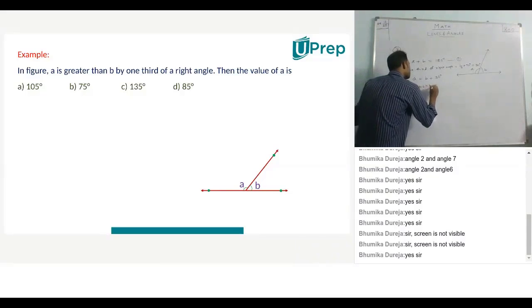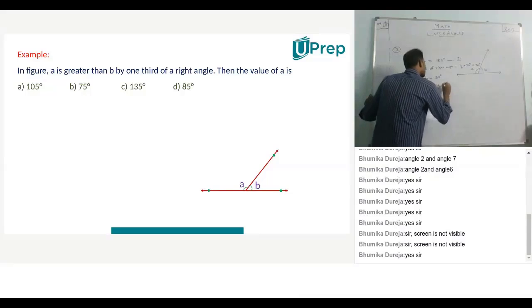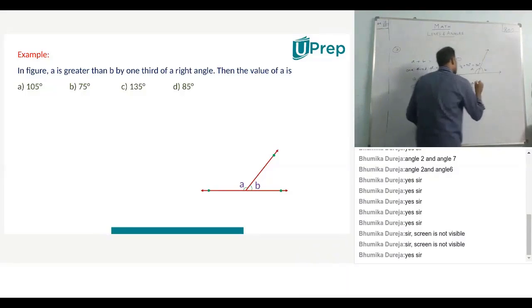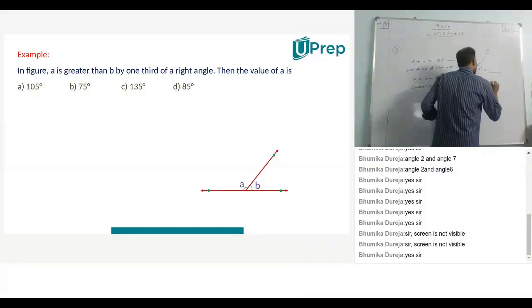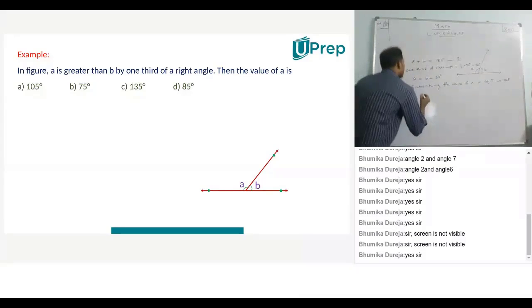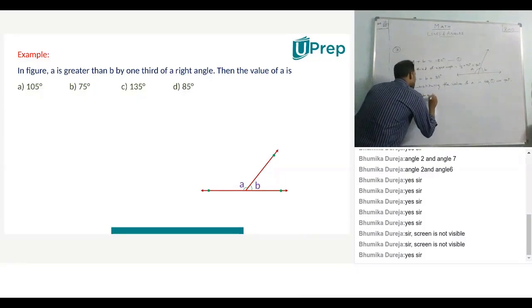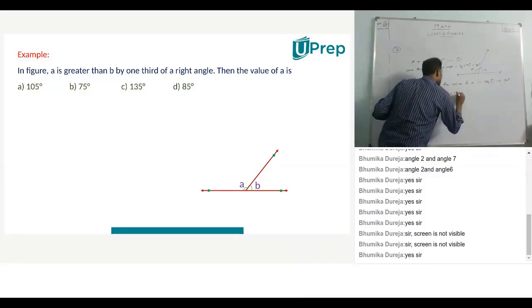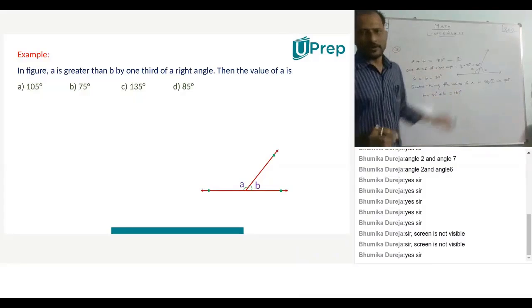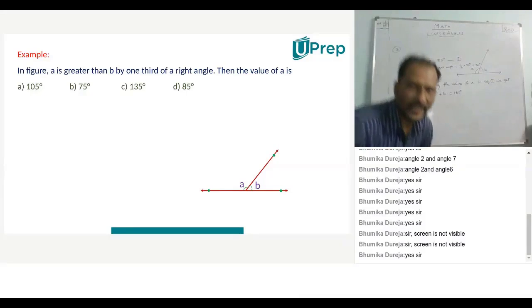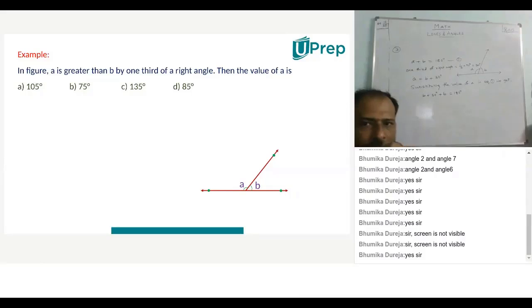Substituting the value of A in equation 1, we get B plus 30 degrees plus B is equal to 180 degrees. Now from here solve B and get the value of A.